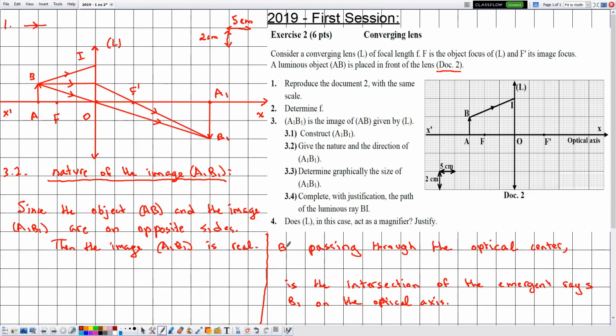And now we need to give the direction of A1 B1. By the direction it means that we need to say whether it's inverted or erect. Then let's write here direction.